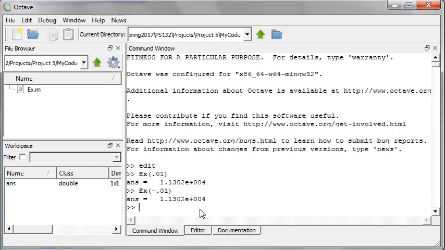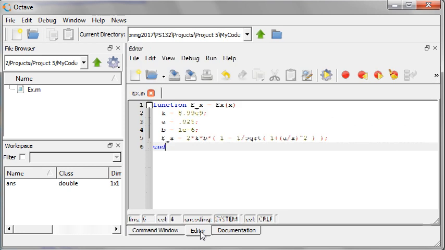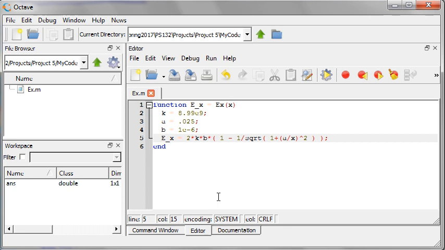So when x is negative, I would expect a negative answer. And so I think there must be a mistake. Yeah, this is saying ex.